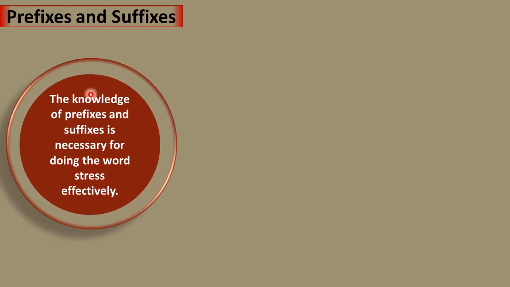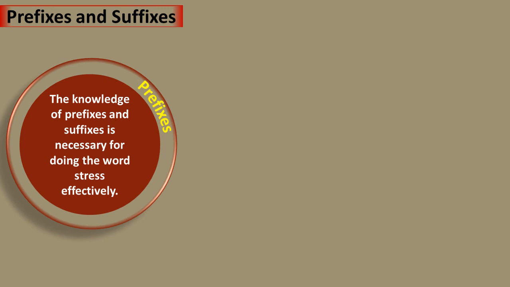So let us understand prefixes and suffixes. The knowledge of prefixes and suffixes is necessary for doing word stress effectively, according to the earlier information. Anyway, let us try to understand what a prefix and a suffix are.